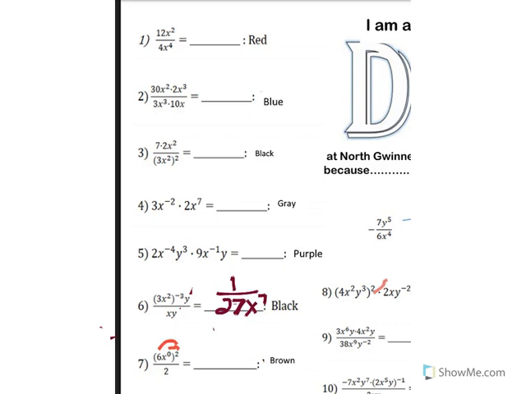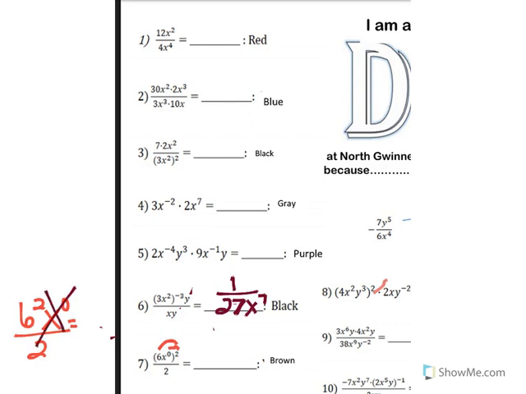Okay, with number 7, you're going to distribute that 2, so you have 6 squared, and then x to the 0 power, because 0 times 2 is just 0, and that's over 2. And we can cross out that x to the 0 power, because it just equals 1.